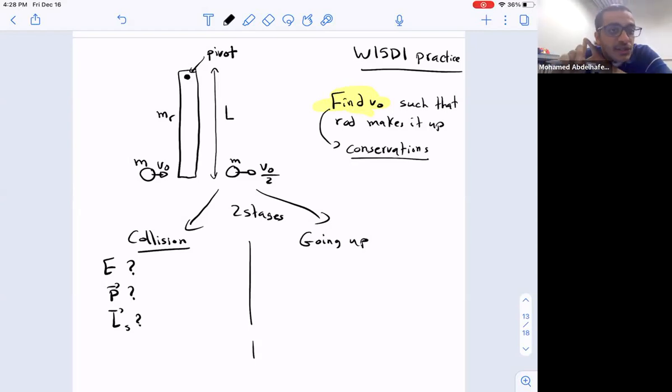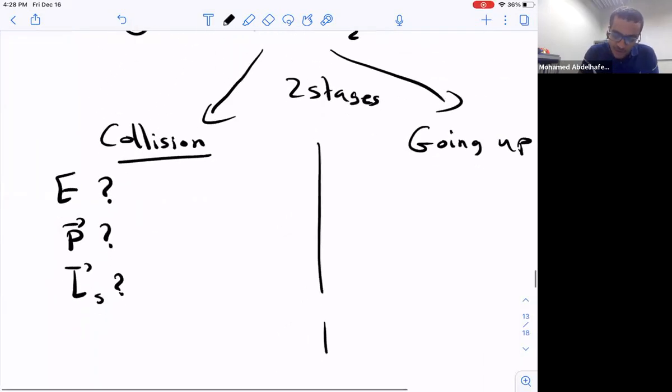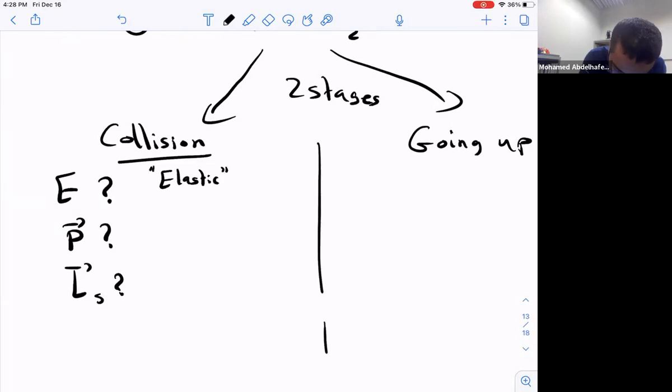If you have kinetic friction, that creates non-conservative work, like the problem with kinetic friction in the wheel. Energy was not conserved because kinetic friction is dissipating energy. And the second, if you have an inelastic collision, and every collision is inelastic unless we tell you it's elastic. So you ask yourself, did the question mention the word elastic? It's a magic word. The question has to tell you this is elastic. This particular question did not mention it's elastic, so we cannot say energy is conserved during the collision.